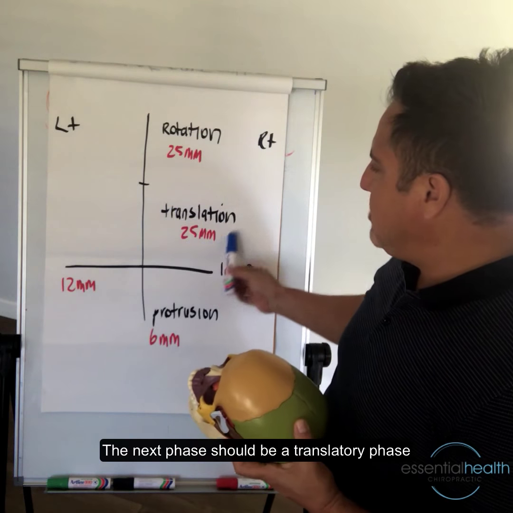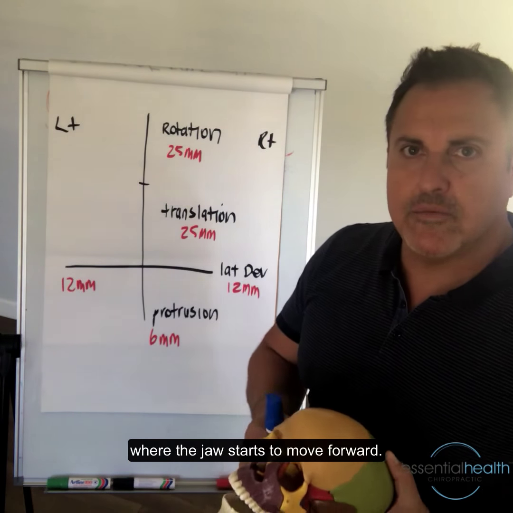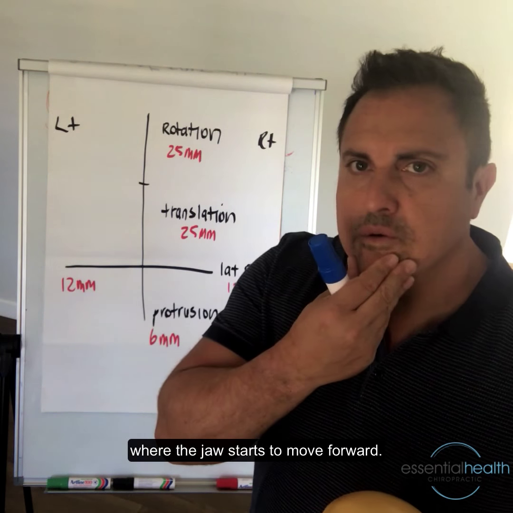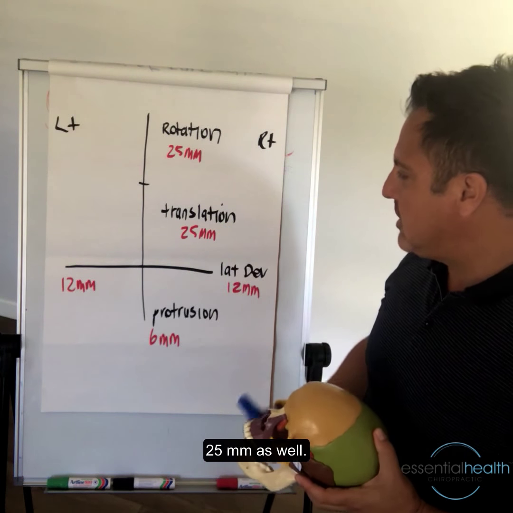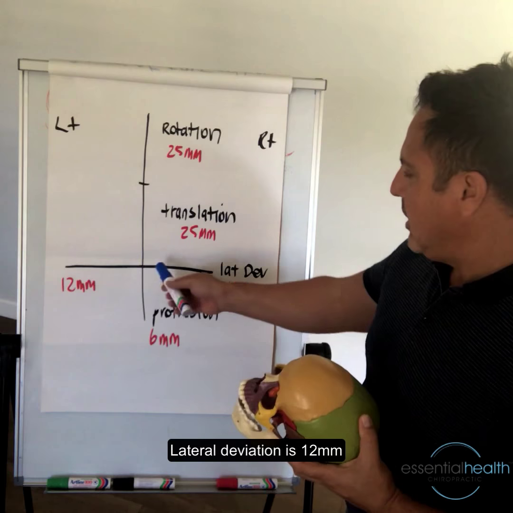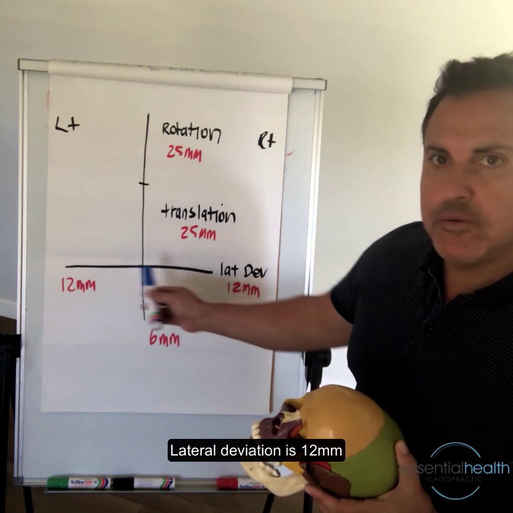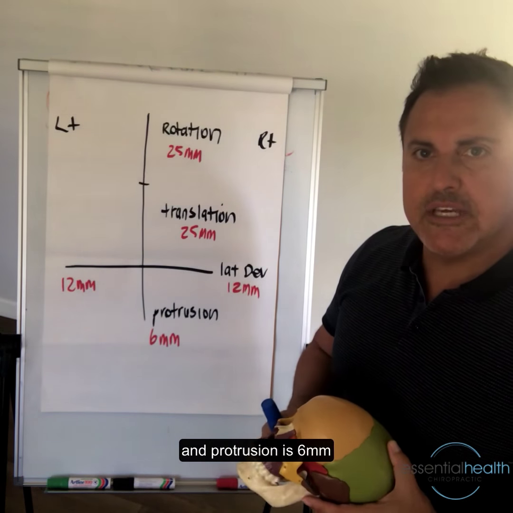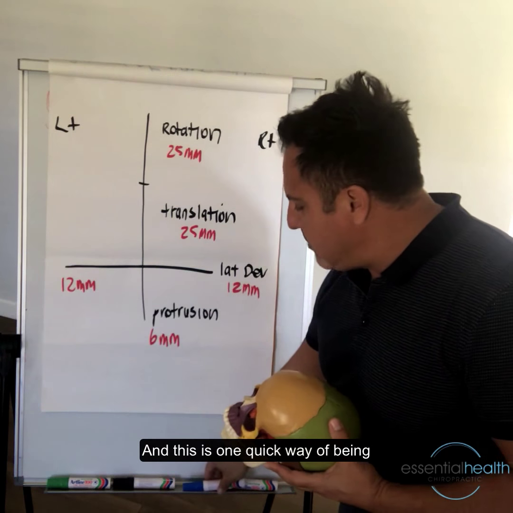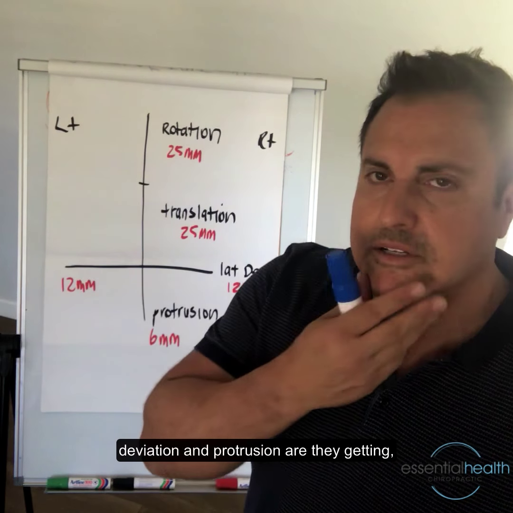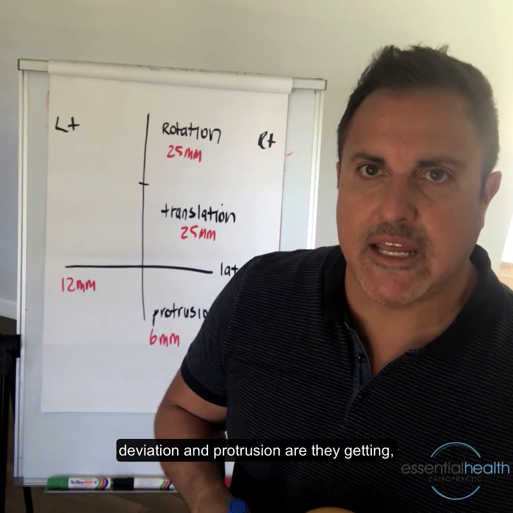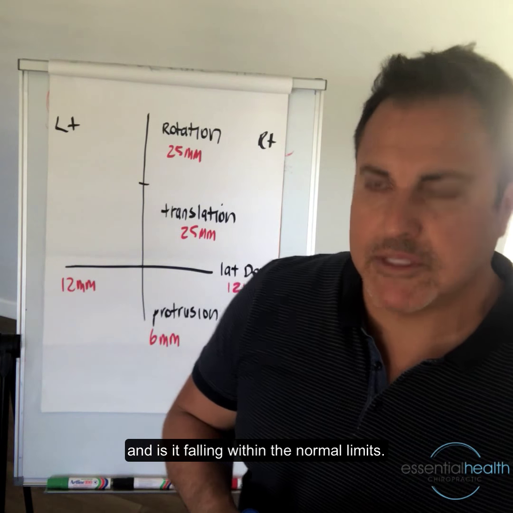The next phase should be a translatory phase where the jaw starts to move forward, and that should equate to another 25 millimeters as well. Lateral deviation is 12 and protrusion is 6. This is one quick way of assessing how much rotation, translation, lateral deviation and protrusion they are getting, and whether it is falling within the normal limits.